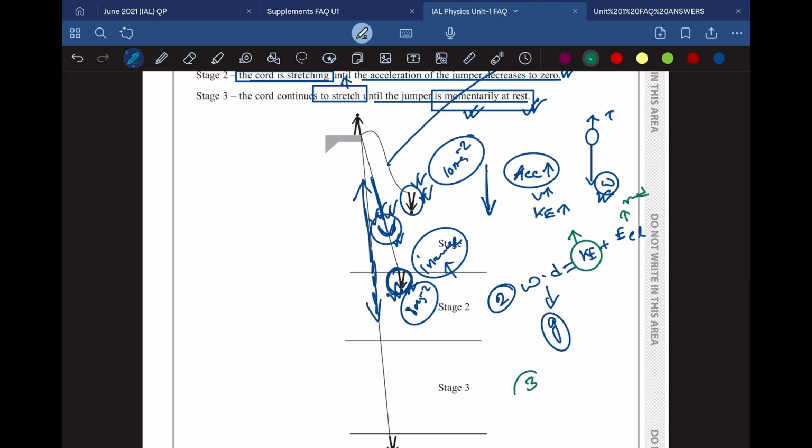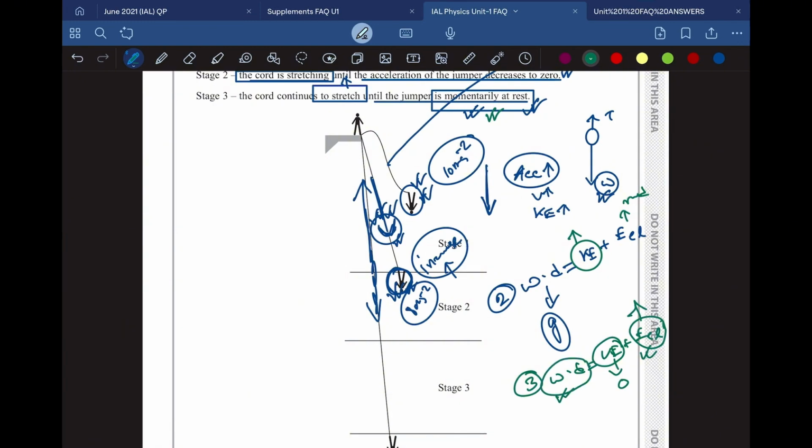But now in stage 3, the work done is equal to kinetic energy plus elastic strain energy. Now this elastic strain energy has increased so much that the kinetic energy will decrease and become equal to 0, and at that time the velocity will become 0 and the jumper will momentarily come to rest, because the amount of work that the gravitational force can do is constant.